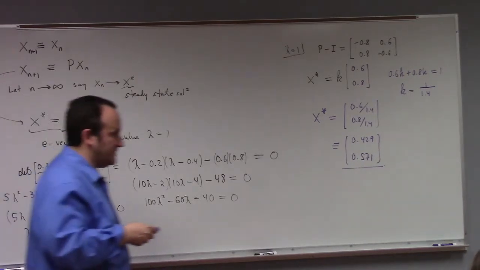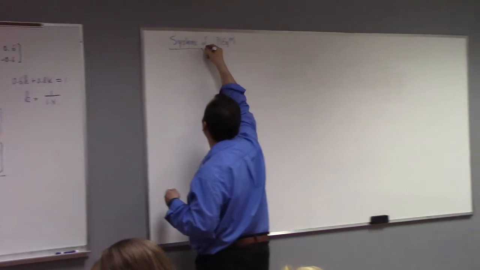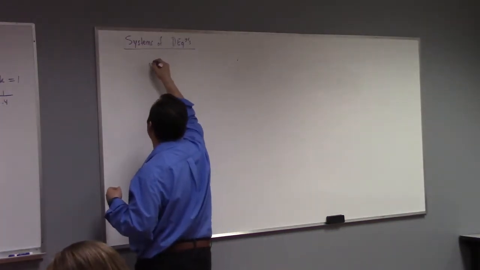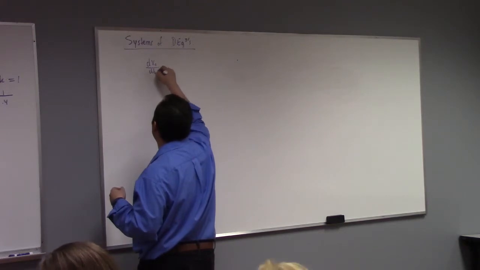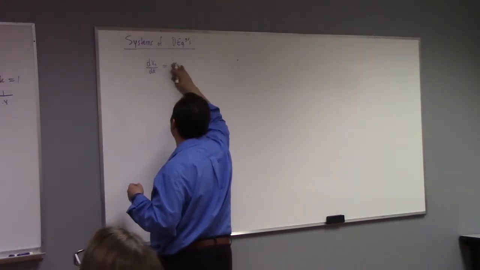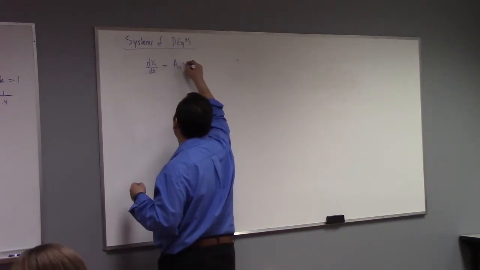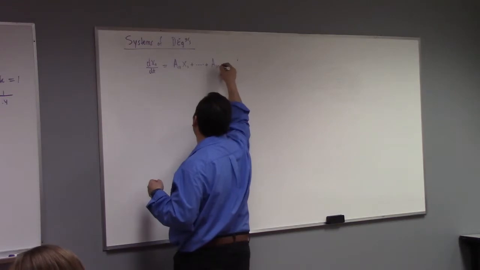So, what is a system of differential equations? It's typically something like this. You have dx1/dt is equal to big A11 x1 plus ... plus big A1n xn.